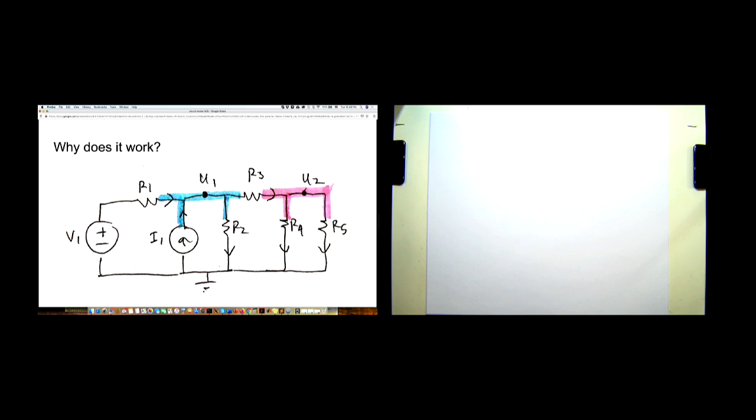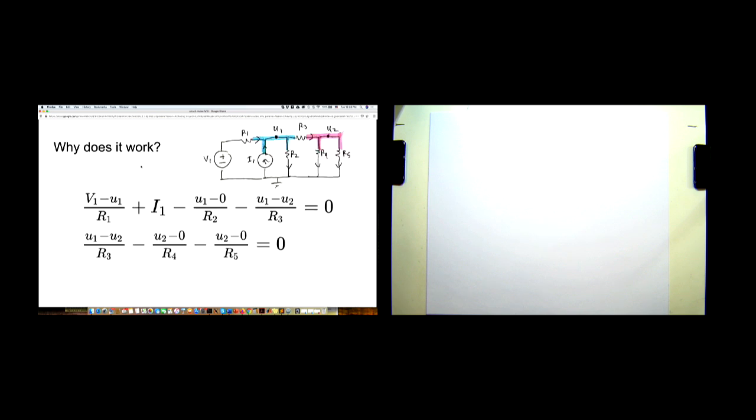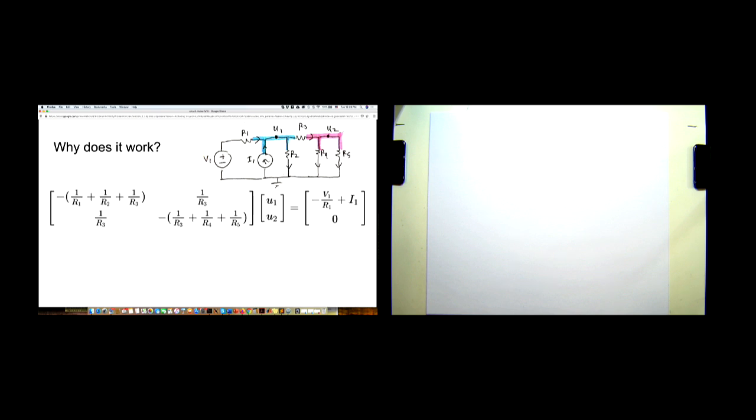Let's say we have this complicated circuit where we have both a voltage and a current source at the same time. If we write, using NVA, the KCL equations on U1 and U2, we end up with these two equations. We can lump them together in a linear system, very similar to what we have been solving in Module 1.